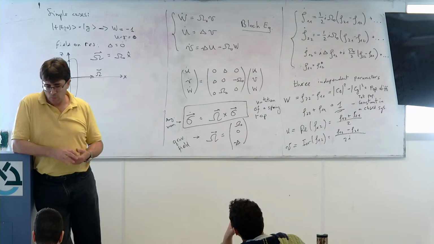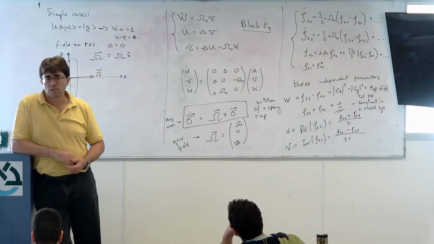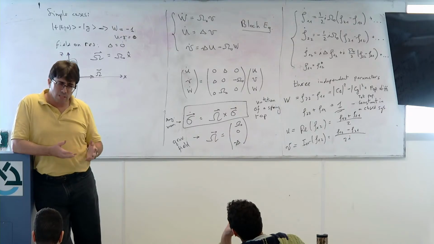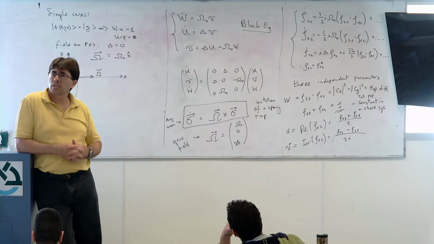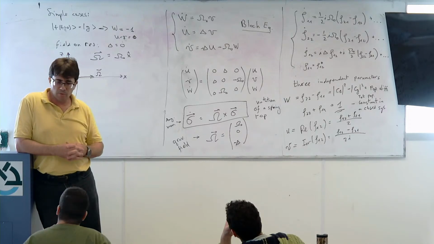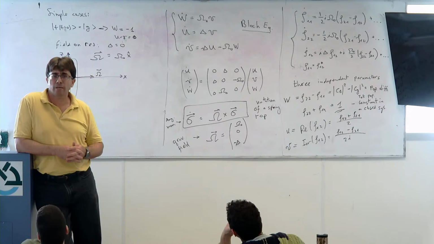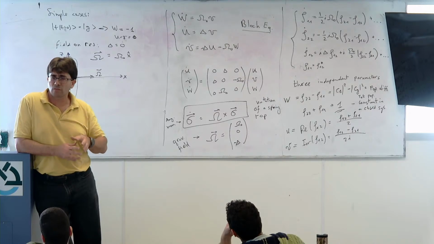Then what you need to do is just sweep the frequency of the laser. Let's give numbers. For example, for a rubidium atom, the transition between the ground and the first excited state is at about 780 nanometers.